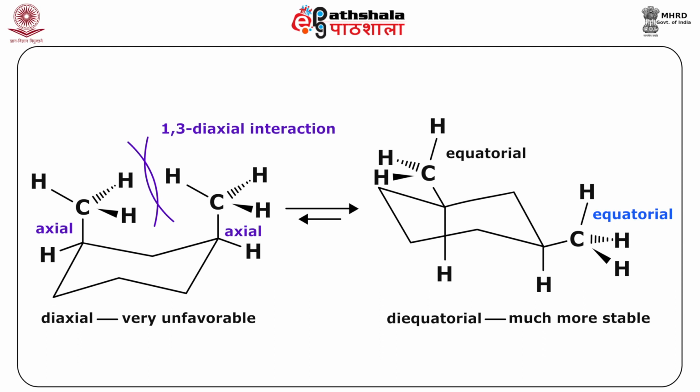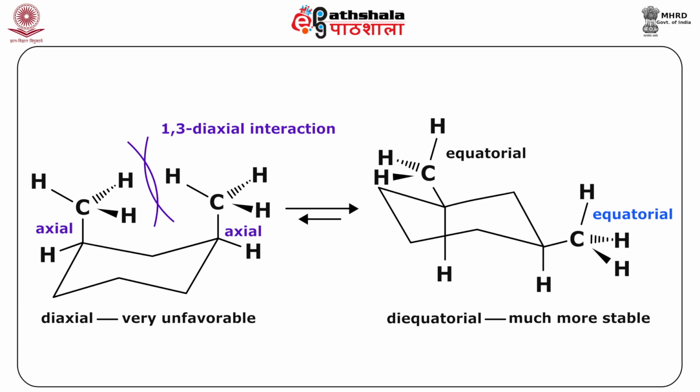These destabilizing interactions, that is gauche and 1,3 diaxial, raise the energy of the diaxial cis isomer, resulting in a very insignificant amount of ring flipping giving rise to this isomer. So, the possibility of this conformer to exist is very small.